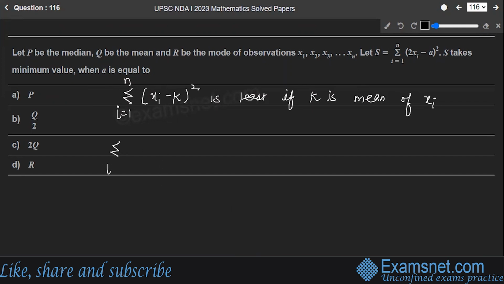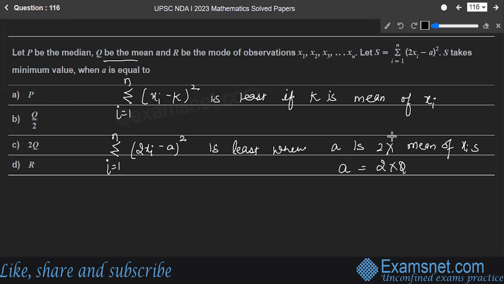So in the given question, the sum from 1 to n of (xi minus a) square is least when a is twice the mean of the xi's. Right? So what is the mean of the xi's? It is q. So when a is equal to 2q, then it will be minimum. So option C is the correct answer.